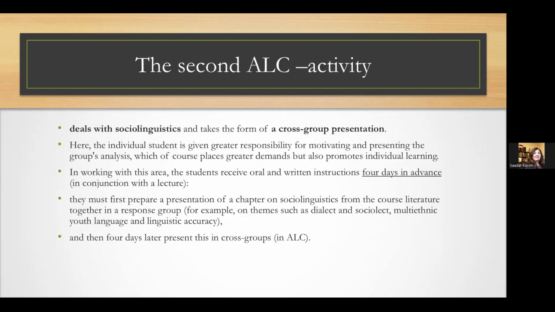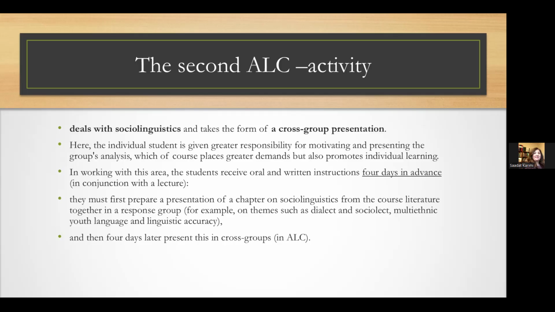For example, on themes such as dialect and sociolect, multi-ethnic use of language and linguistic accuracy. And then 4 days later, present this in cross groups.